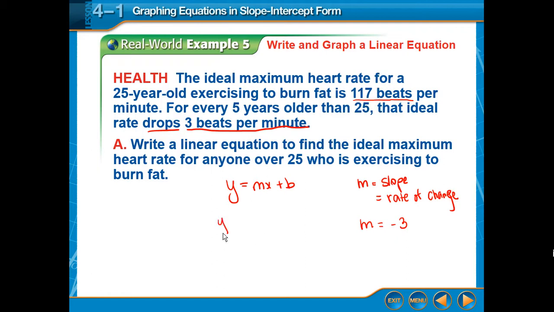So y equals -3x plus 117. Or if you want to think about it, we start out with 117, and then for each year somebody gets older, or for every 5 years, it drops 3 beats per minute, which is going to be the same thing as what we had over here.